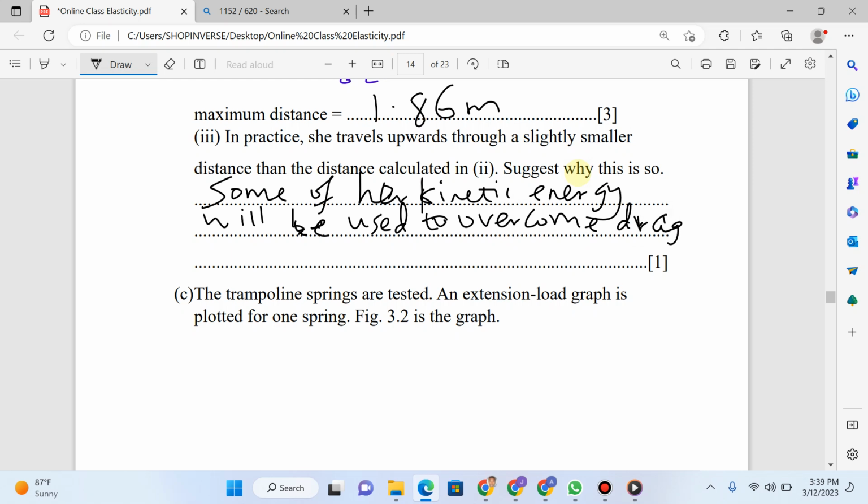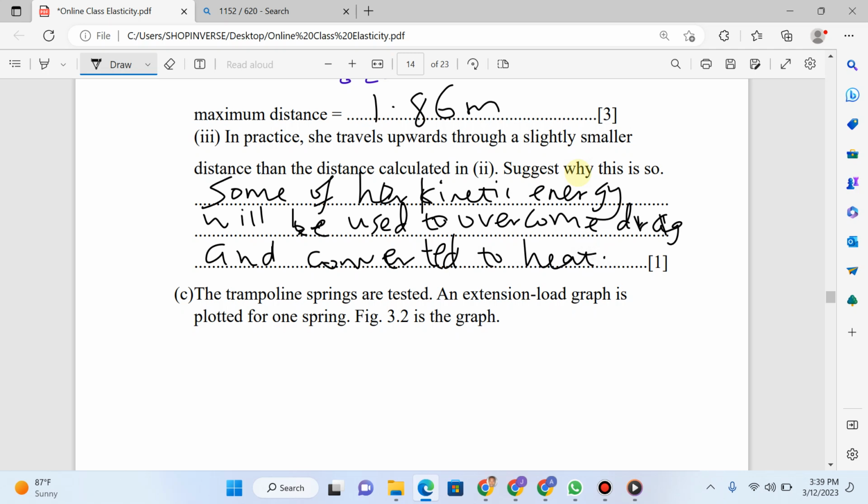When energy is used to overcome drag, drag always generates heat. So when it overcomes drag, it will be converted to heat energy. That's all.